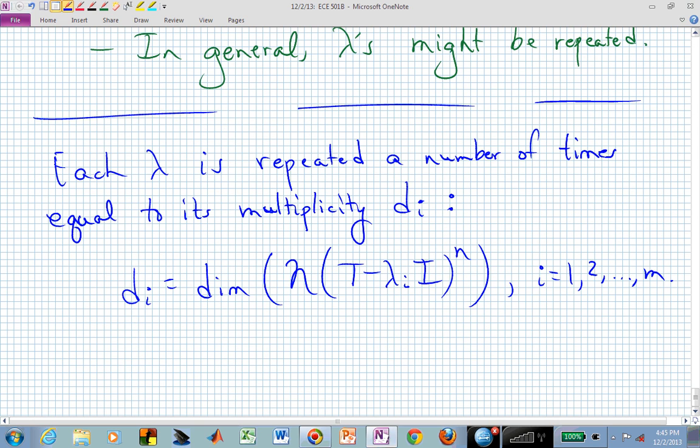So that's the multiplicity associated with each eigenvalue lambda sub I.